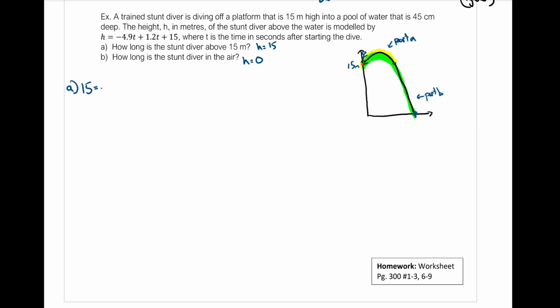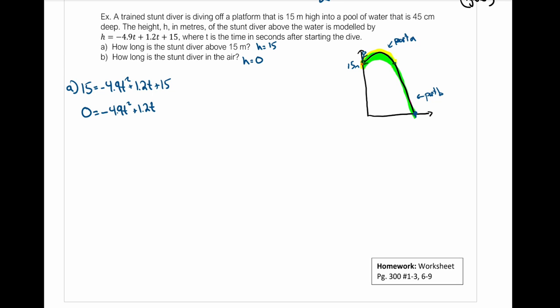So we're going to have to do two different quadratic formulas, because in part A, if I plug 15 in for h in negative 4.9 t squared plus 1.2 t plus 15, I need to rearrange this into standard form. So the 15 has to move over to the other side, so I get 0 equals negative 4.9 t squared plus 1.2 t plus, move the 15 over, it becomes minus 15, so basically just cancels that out.